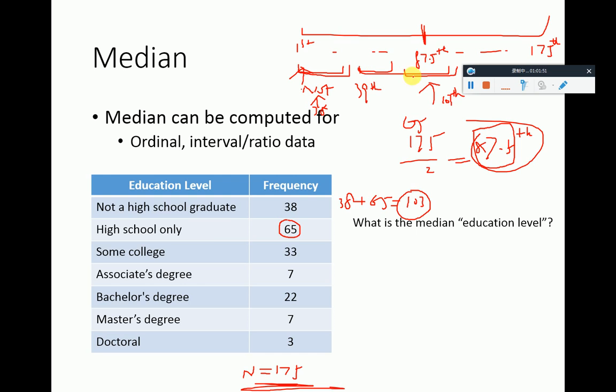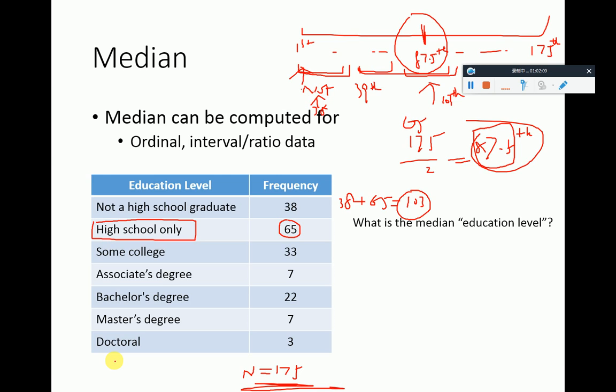So now this category, high school only, includes this person, which divides the whole sample into two halves. So that's why our median education level is high school only.